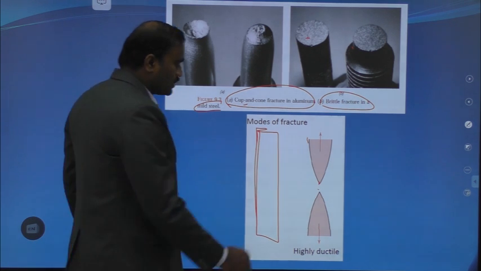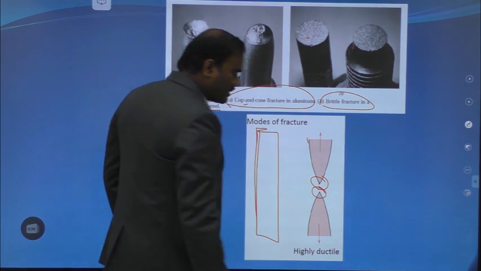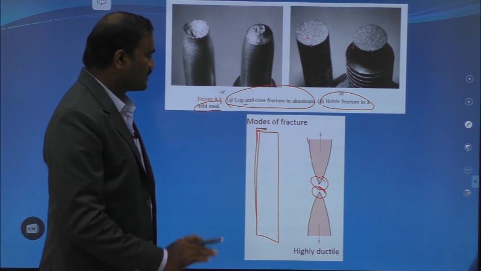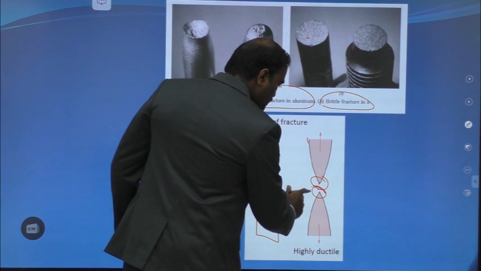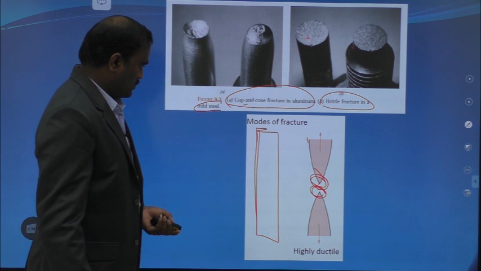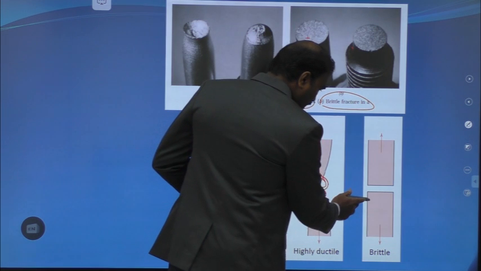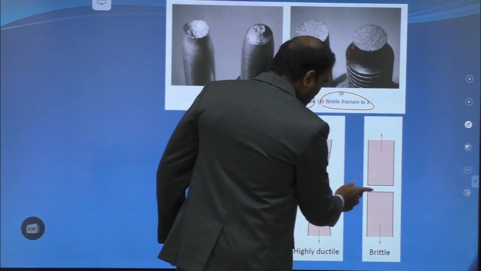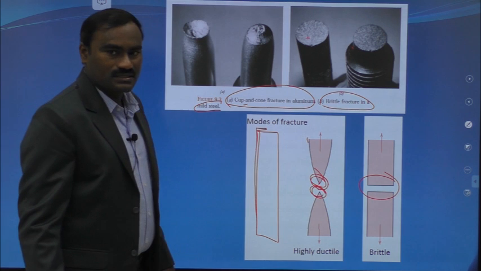That means the area at the edges of the two pieces becomes almost zero. Whereas if you see the brittle fracture, we don't have any plastic deformation. They will simply break into two pieces like that.